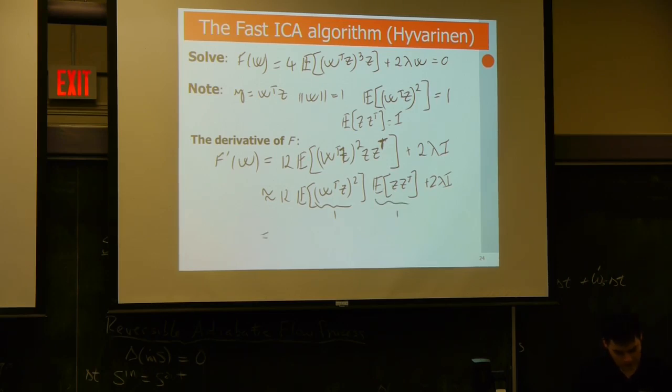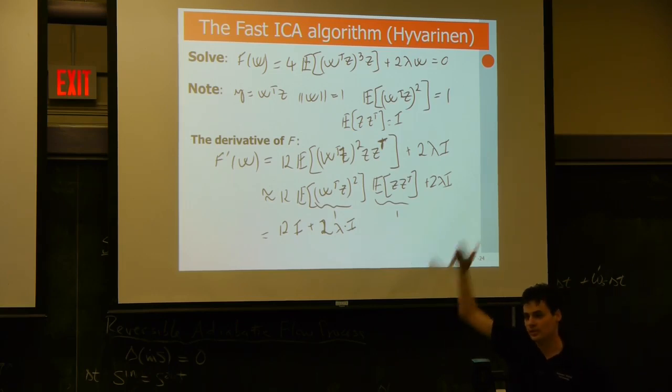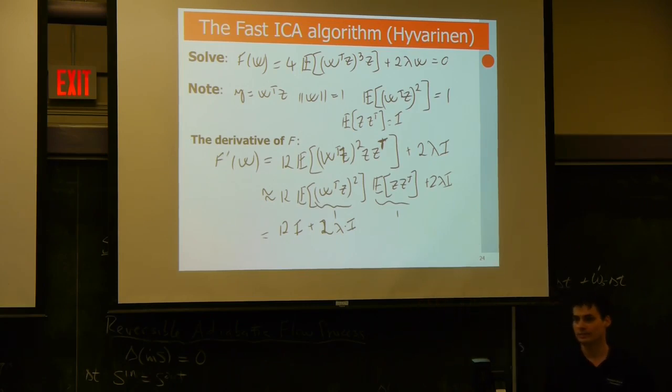So what we get is that it's 12 times the identity matrix plus 2 lambda identity matrix. So the derivative of f with respect to W is a diagonal matrix where in the diagonal everything is the same. So the Newton method, because of that, will be very simple. We just need to remember in Newton method we need to calculate the inverse of this, but it's a diagonal matrix where all the elements are the same.